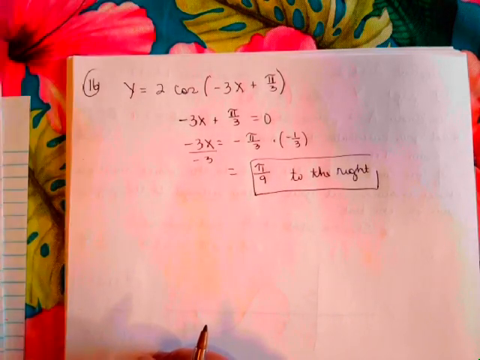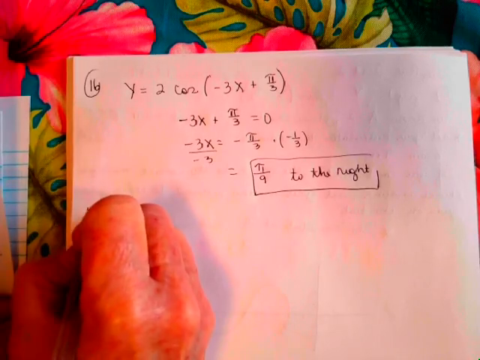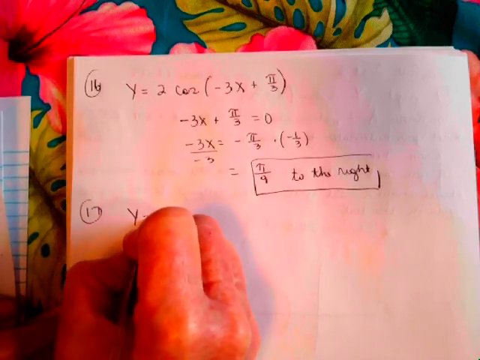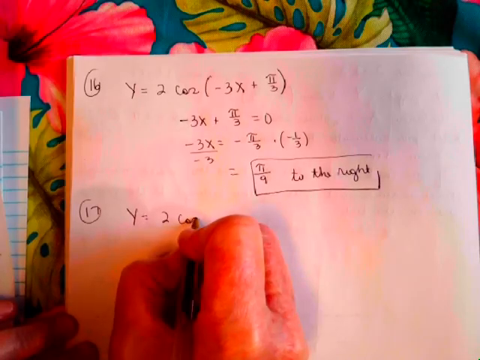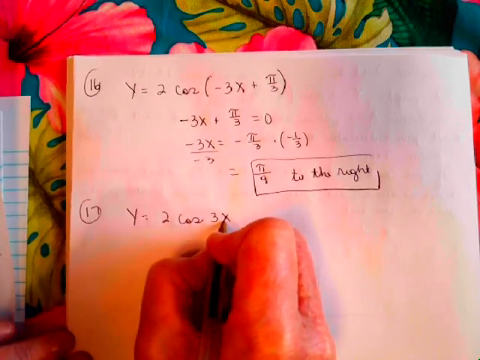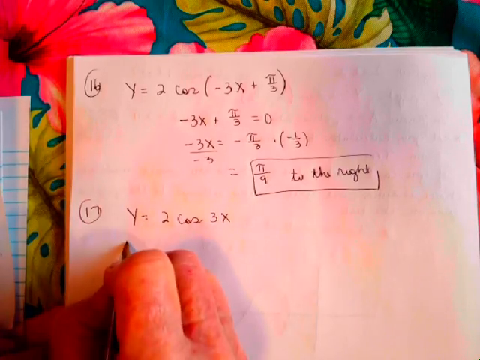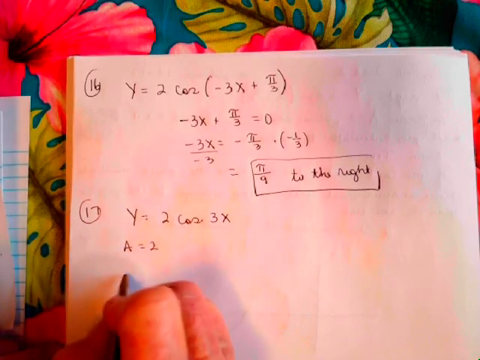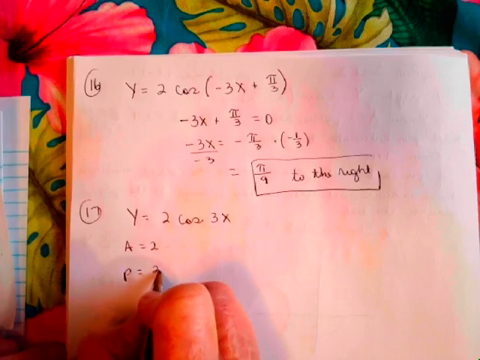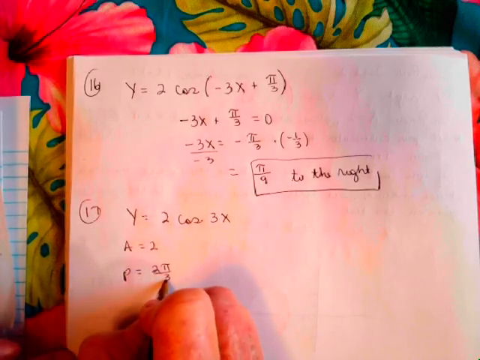One more of these graphs. Number 17. Graph y equals 2 cosine of 3x. Amplitude 2, period 2 pi divided by 3.